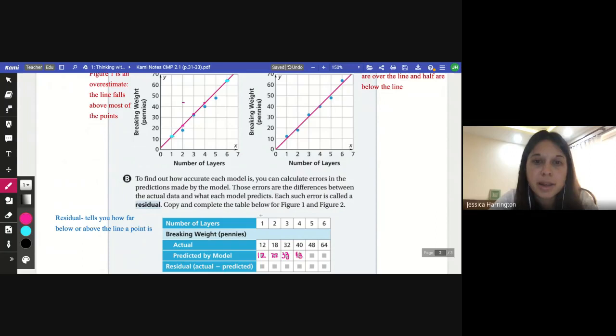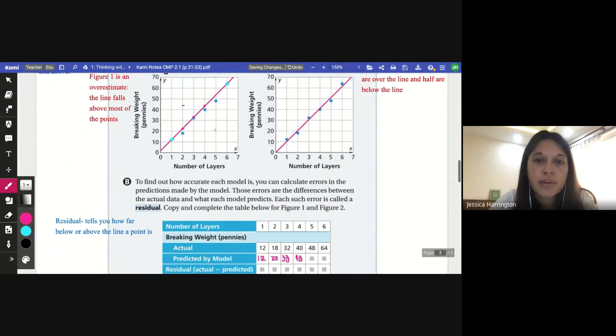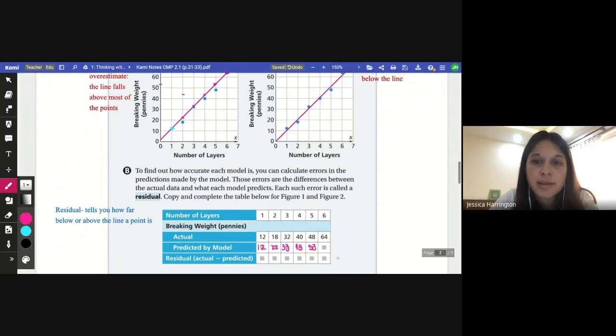Because we're estimating. If the bridge is 5 layers thick, my line is predicting it's about right here. I'll say 53. And then last but not least, 6 layers, my line was right on the dot because I used that to draw the line, and that was at 64.